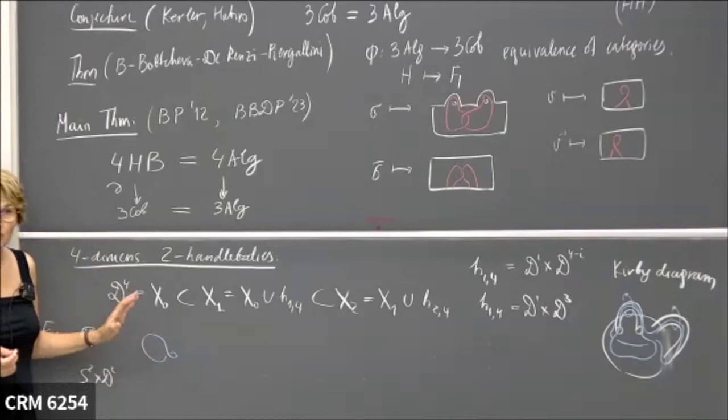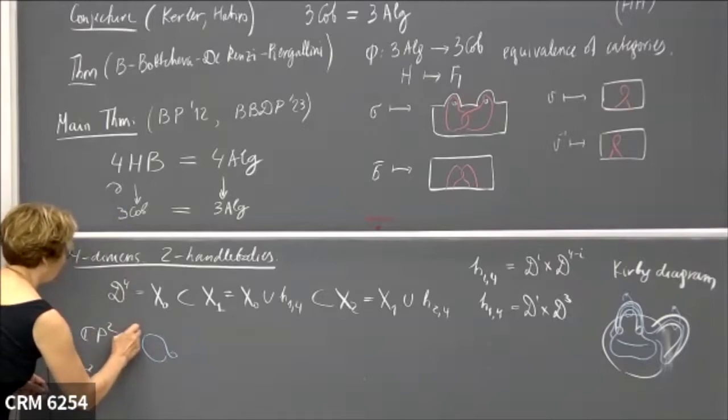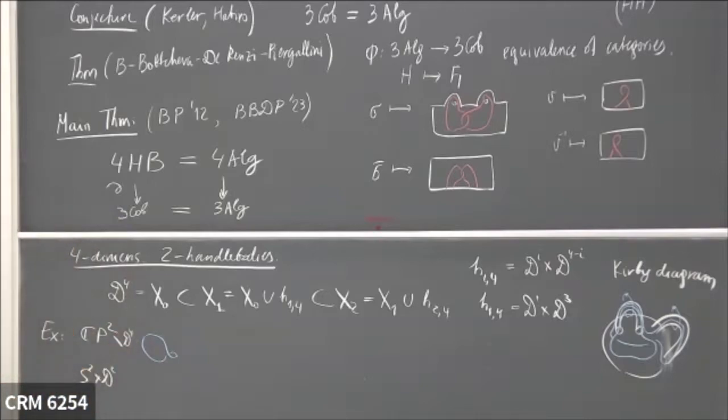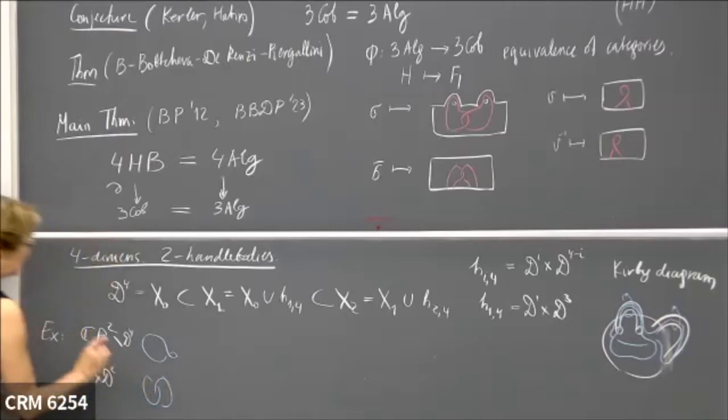And I'm never attaching 3- and 4-handles. So therefore, this is actually not CP2 but CP2 without a component. Okay, and for this S^2 times D^2, there are no 1-handles, only 2-handles. So this is a Kirby diagram.